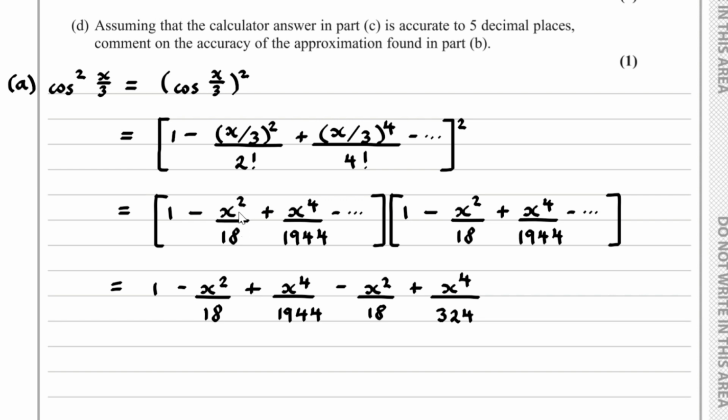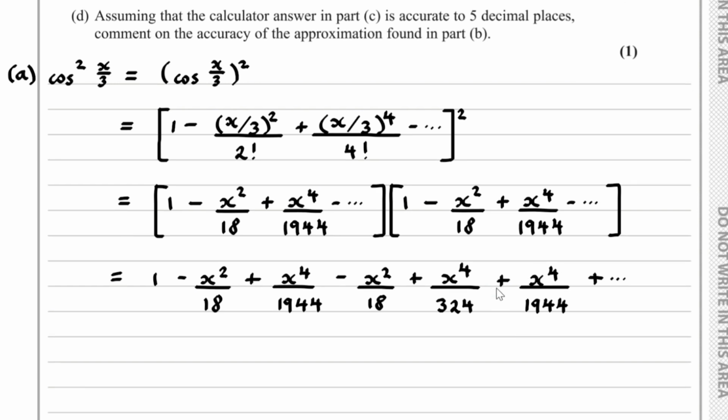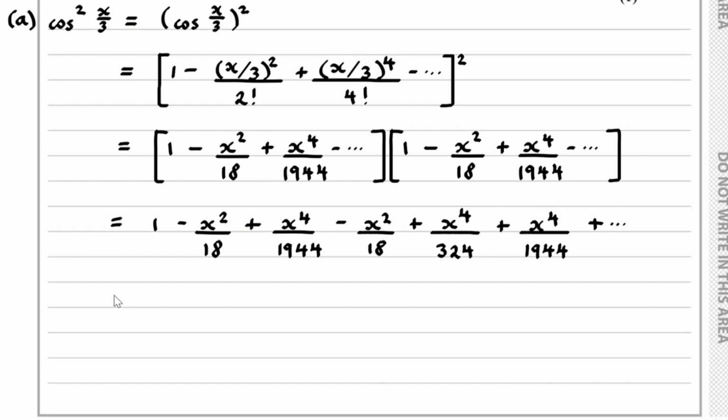Now if I do x squared times x to the 4, I get an x to the 6. So I'm not interested in that term. And if I do x to the 4 over 1944 times 1, well, we add on then x to the 4 over 1944. And then we've got other terms which we can consider, but we want to stop at x to the 4. And if we tidy this up, we've got 1 minus x squared over 18 minus another x squared over 18.